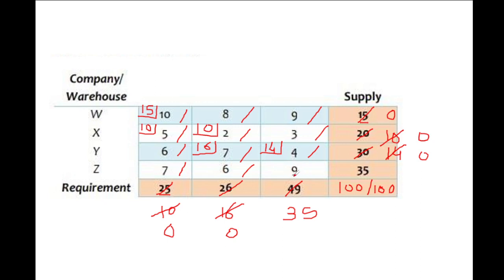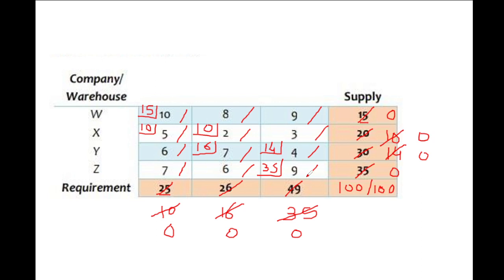Now we are left with this one only, and this is the last block. Here you check that demand is 35 and supply is 35. Both the values are the same, so you can select either of them. The goal is always that you select the minimum. So 35 minus 35 is 0, and here also 35 minus 35 is 0. At the end you will see that both the lines are exhausted.